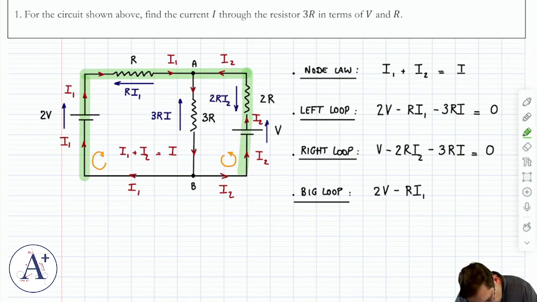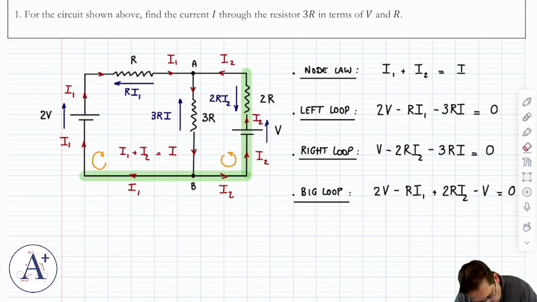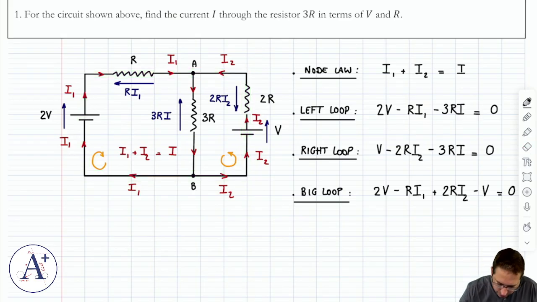As I travel downward, 2Ri2 points down, so that counts positive, 2Ri2, but V points up, so minus V. And then from here to here, there is no voltage to account for, therefore this all adds up to 0. All right, so it'll take a little bit of practice to get good at the loop law, but once you get it, it's actually not that bad at all. It's pretty easy to set up.